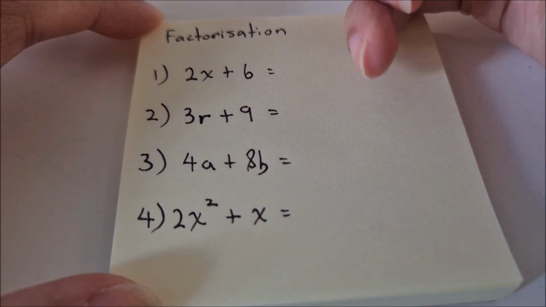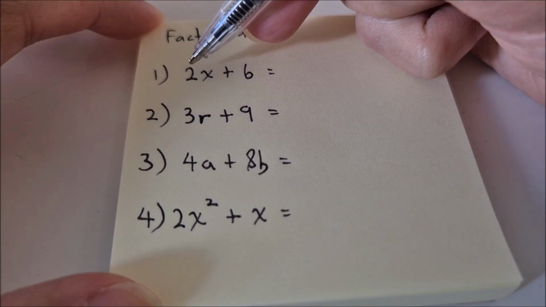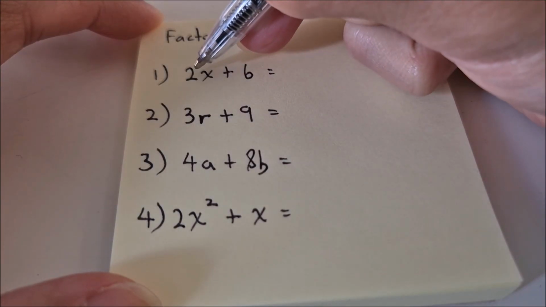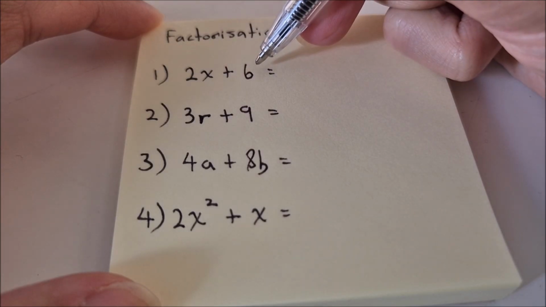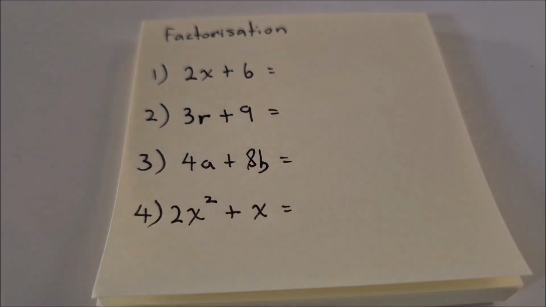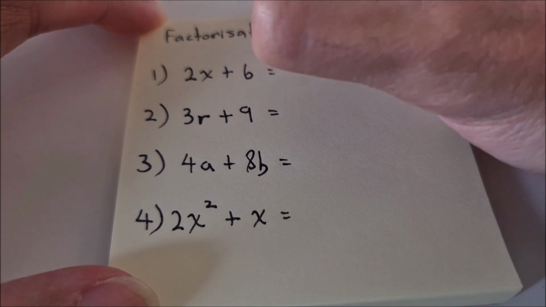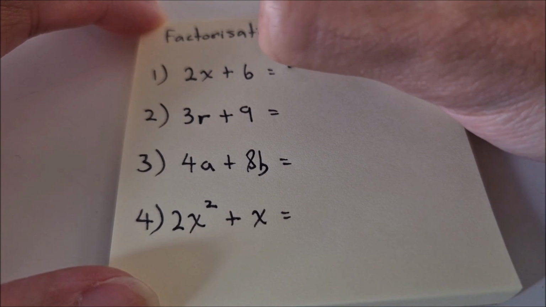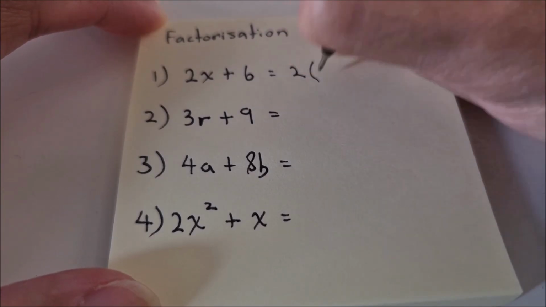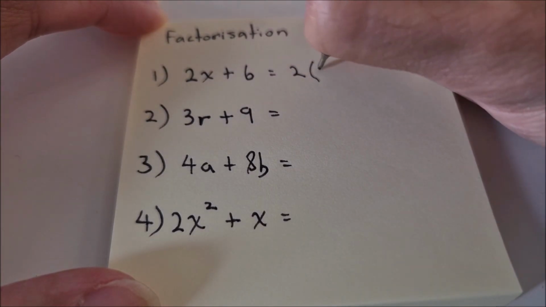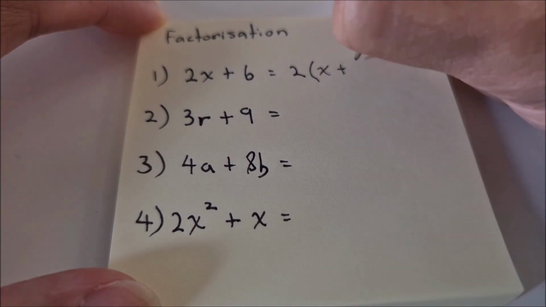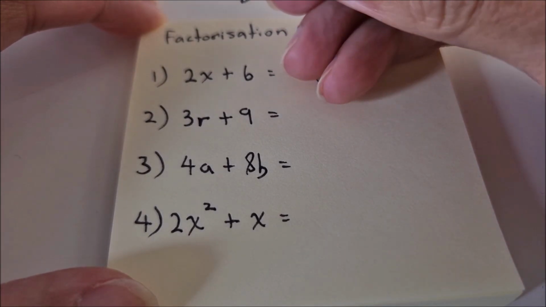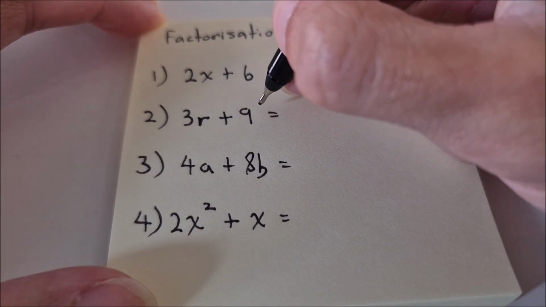So the highest common factor in this one is 2, because we have 2 and we have 6, and they both divide nicely. We move this out as the multiplier, so we have 2 times x plus 3, and then for number 2, 3r plus 9.